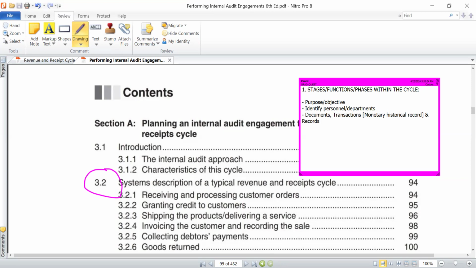Now, very important, why is it so that you need to be able to know the forms of documents that are being used at each one of these respective stages of the cycle? Or why should you be able to know the transactions that are recorded or captured, especially which involve monetary historical records? Why is it important that you need to know that? So that you can identify risks in particular, all right?